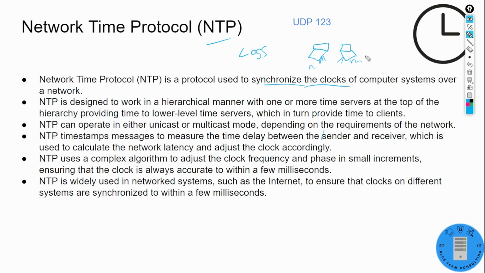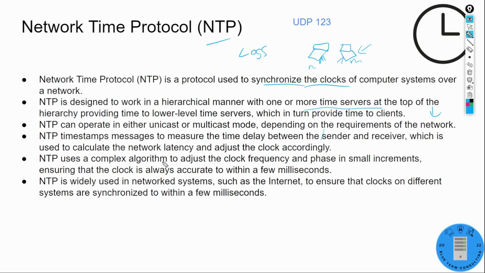It's going to do it in a hierarchical manner with one or more time servers at the top of the hierarchy, providing time to all of the lower level time servers, which then give the time to the clients. It can operate in unicast or multicast. NTP timestamp messages are used to measure the time delay between the sender and receiver.